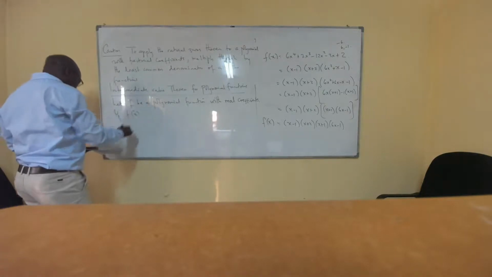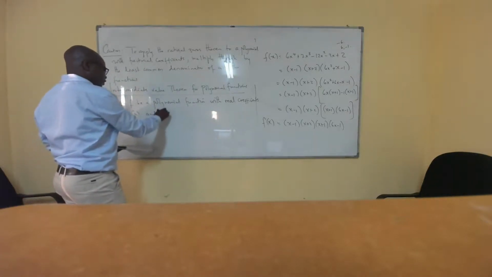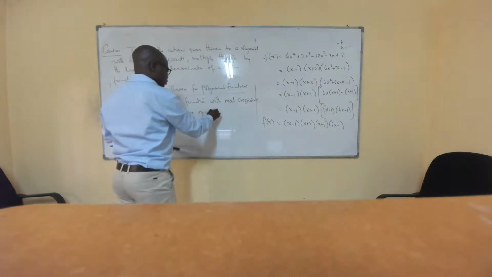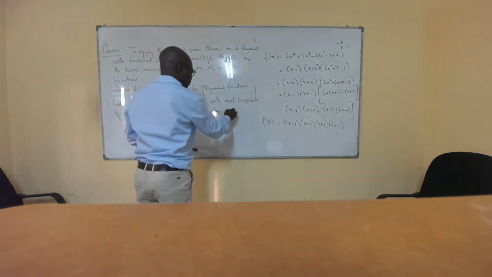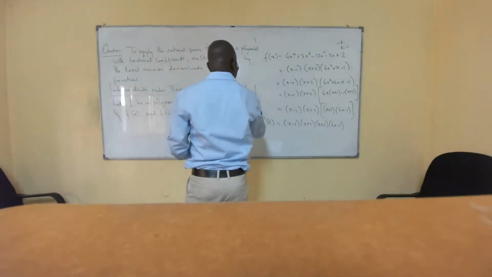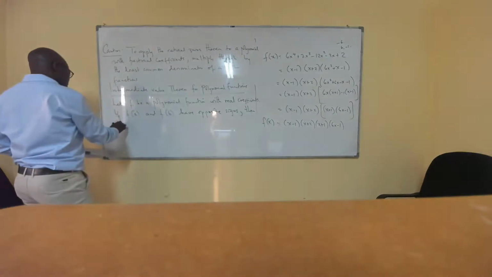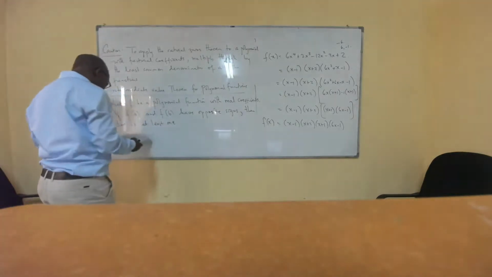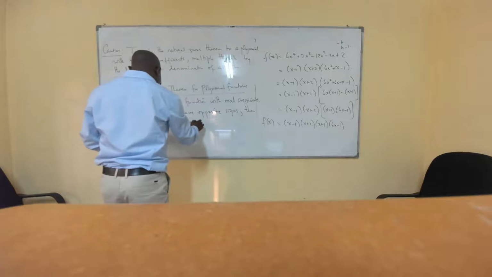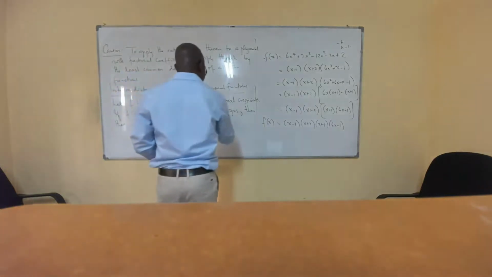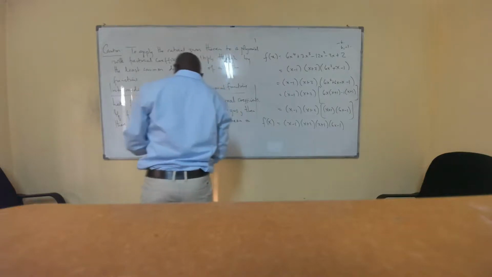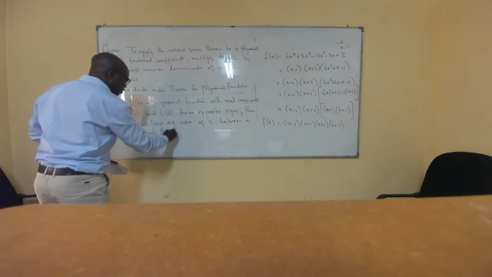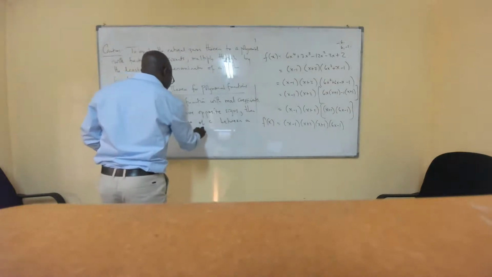If f evaluated at A and f evaluated at B have opposite signs, then there is at least one value of C between A and B such that f evaluated at C is 0.